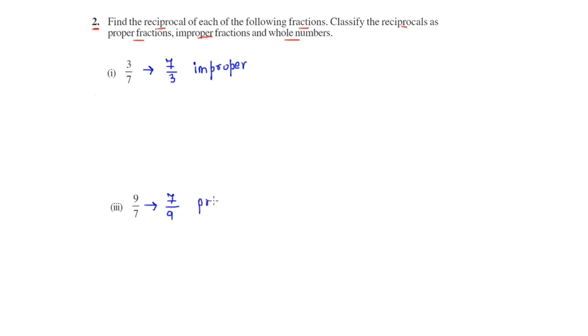So we can say which type of fraction it is? It is proper fraction. As we already know, in proper fraction, the numerator part is smaller than the denominator part, and the value of proper fraction will always be greater than 0 and less than 1.